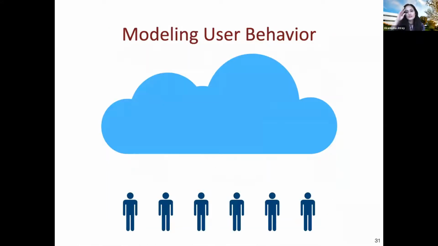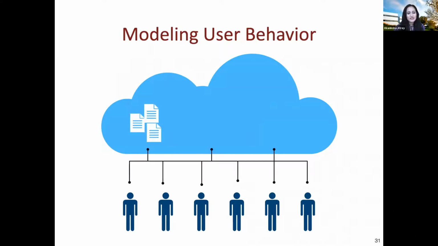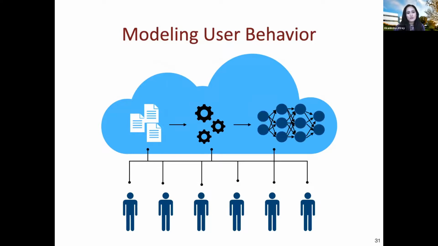So how do we do this next context prediction? Again, deep learning, going back to our theme, you can use deep learning to do that. What you can do is transmit data of multiple users to some centralized server, process it, and come up with a global model. Now, the idea behind using global models is because for deep learning, as we all know, you need a lot more data, and so a single user's data might not be sufficient.